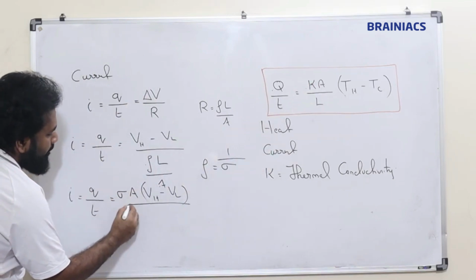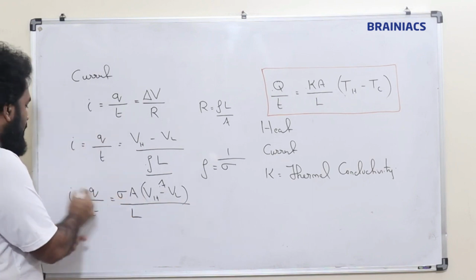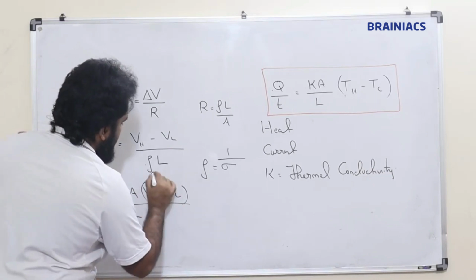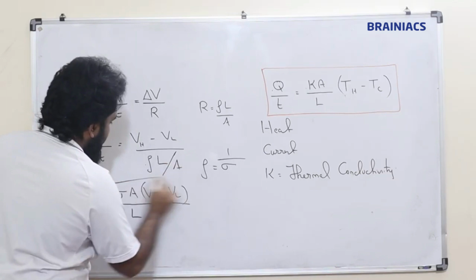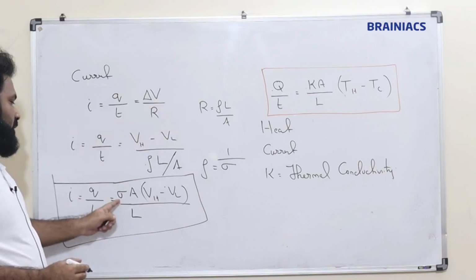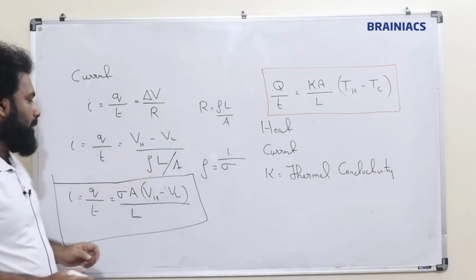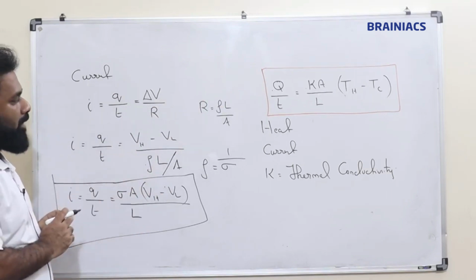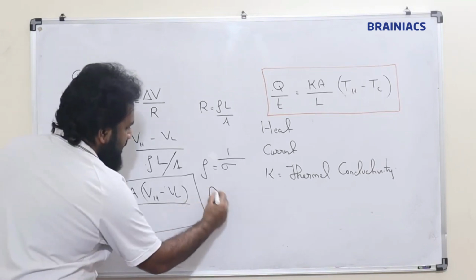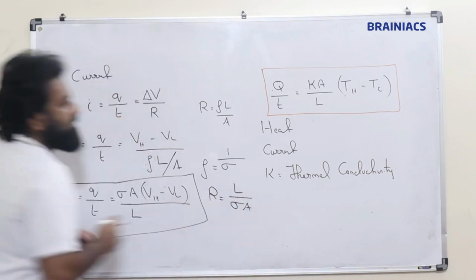So sigma A divided by L. Both have the same structure: KA by L and sigma A by L. This is potential difference, that is temperature difference. Clear or what? So what is resistance here? L by sigma A is the resistance.